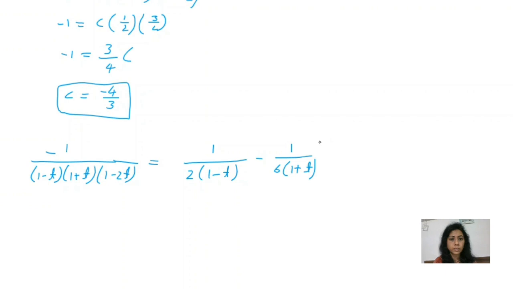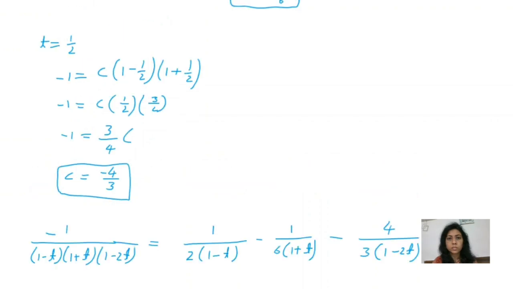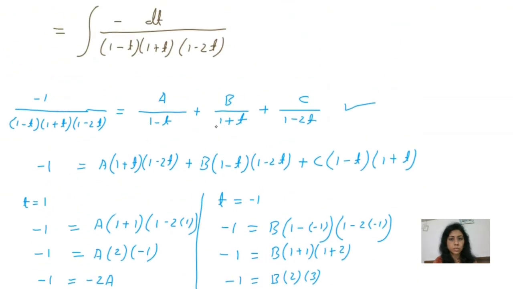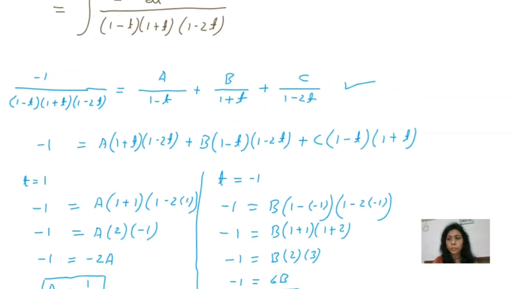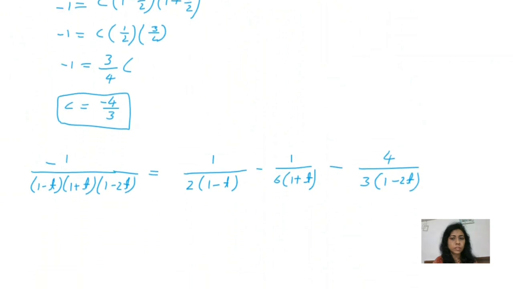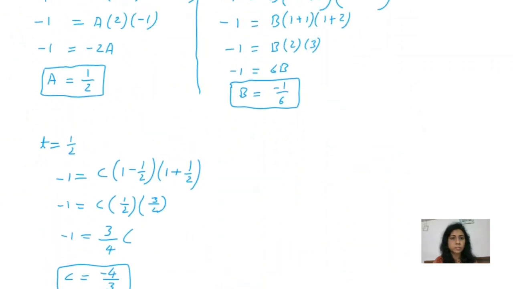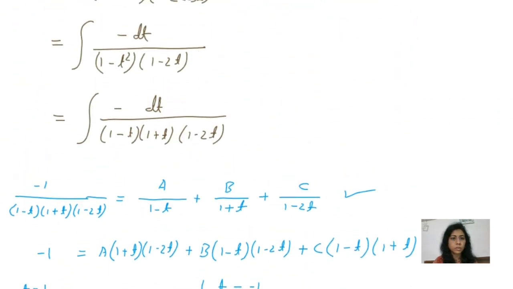Then the C value is also negative, so we write negative 4 upon 3 over (1 minus 2t). Now this value we can substitute here.